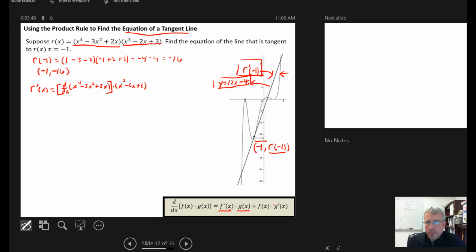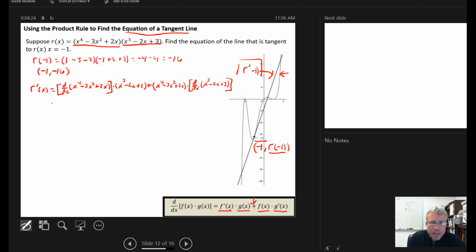So that's the first part of the product rule, which then says add to that the first function, f of x, which in this case is my trinomial x to the 4th minus 3x squared plus 2x, and multiply that by the derivative of the second function, so d/dx of x cubed minus 2x plus 3.